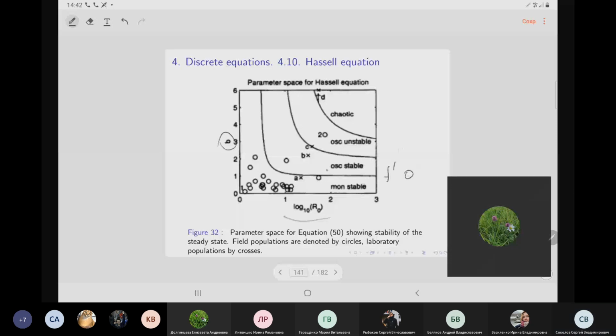Here f prime crosses -1. This is the line where f prime is 0, here f prime is -1. And then there is a line where the oscillatory unstable solutions become chaotic.